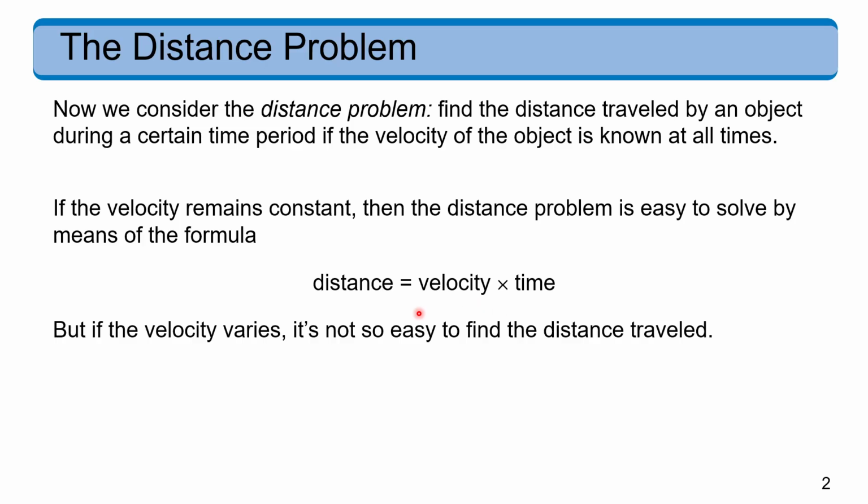And that's common. If you're driving your car, you usually don't stay at the same velocity the entire trip. So this formula isn't going to work straightforwardly in the case where the velocity is not constant. And that's the problem we're facing in the distance problem. We want to develop a strategy for finding the total distance traveled in the situation where the velocity is not constant.